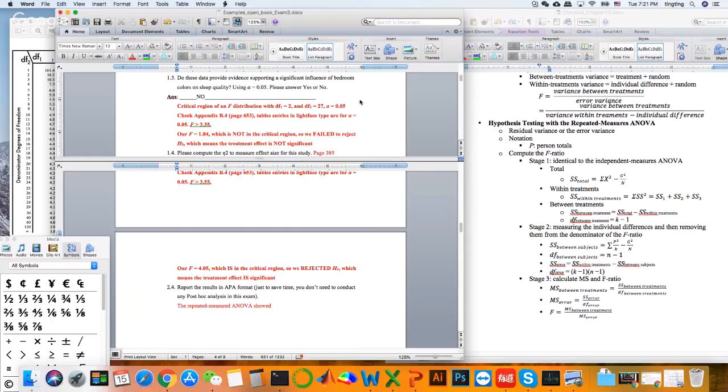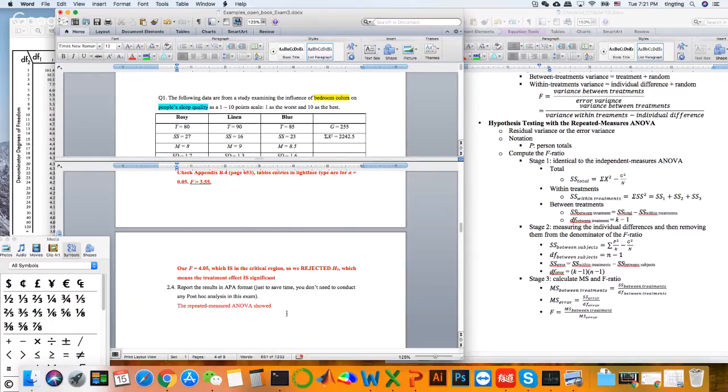We go back to check our problems. So it showed that the background color had a significant influence on people's... in people's what?